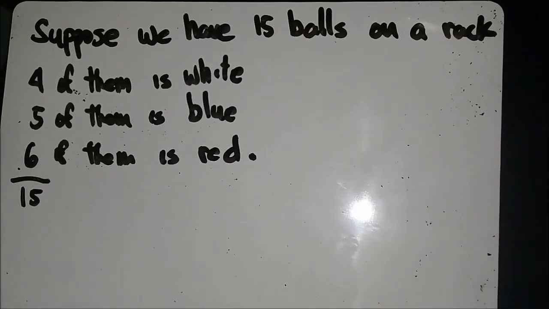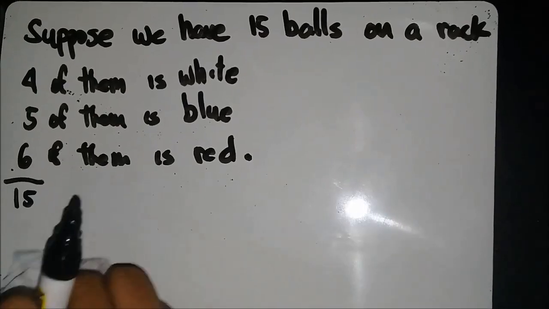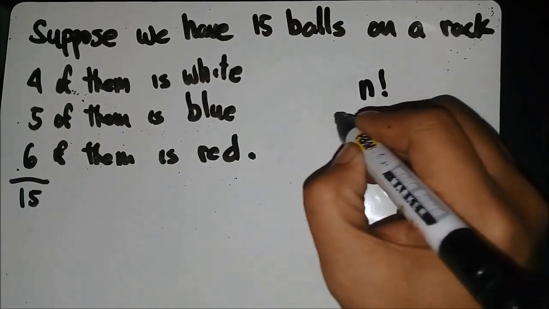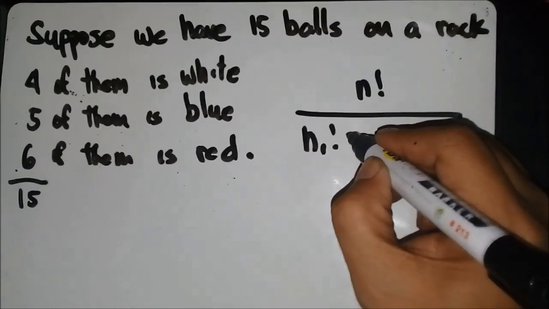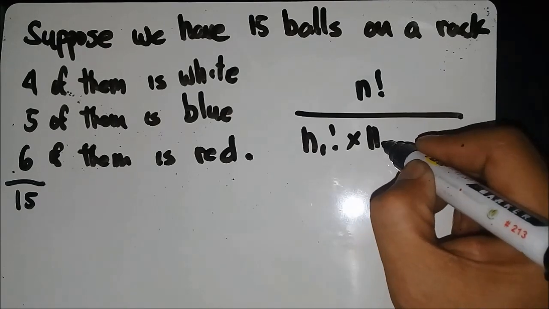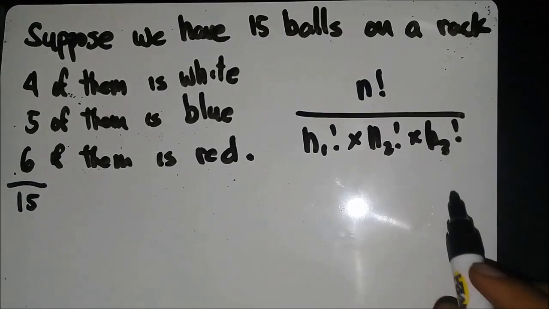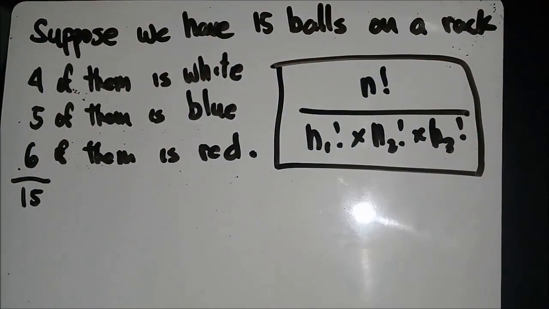According to the formula that was given to us previously, we have n factorial over n sub 1 factorial multiplied by n sub 2 factorial multiplied by n sub 3 factorial and so forth. This is the general formula for permutations having different kinds of objects.